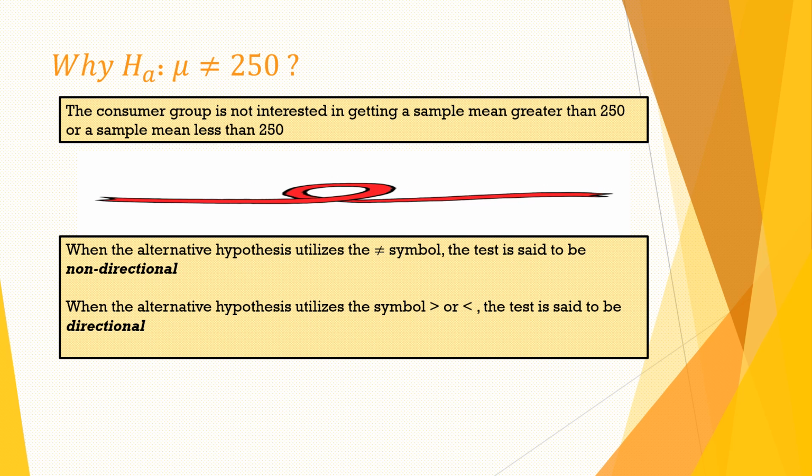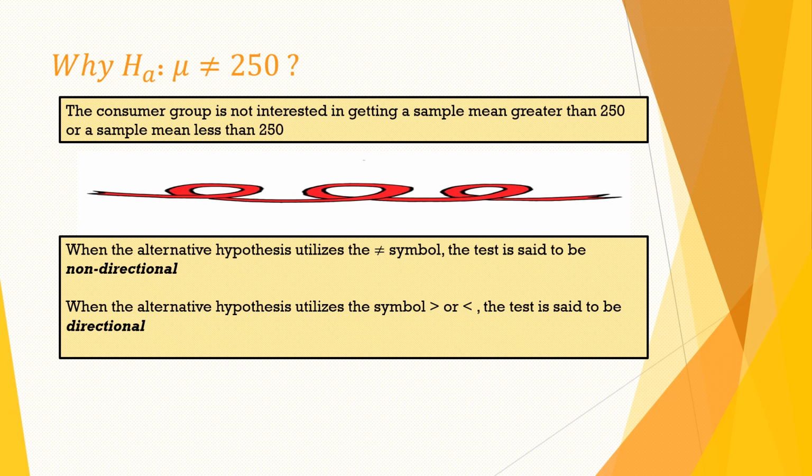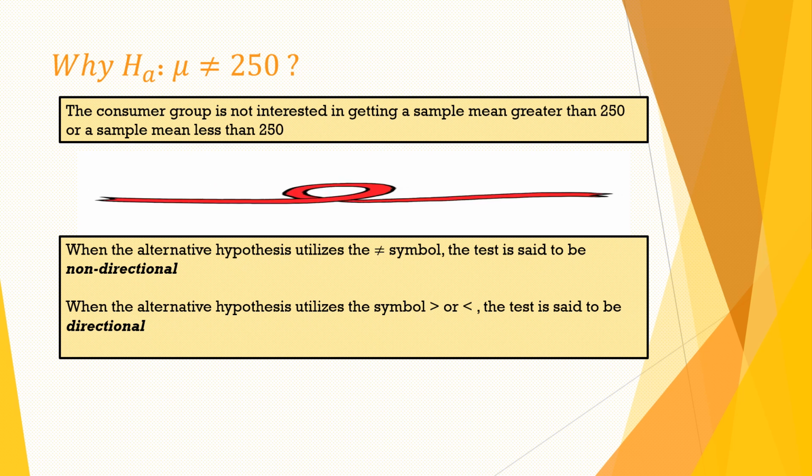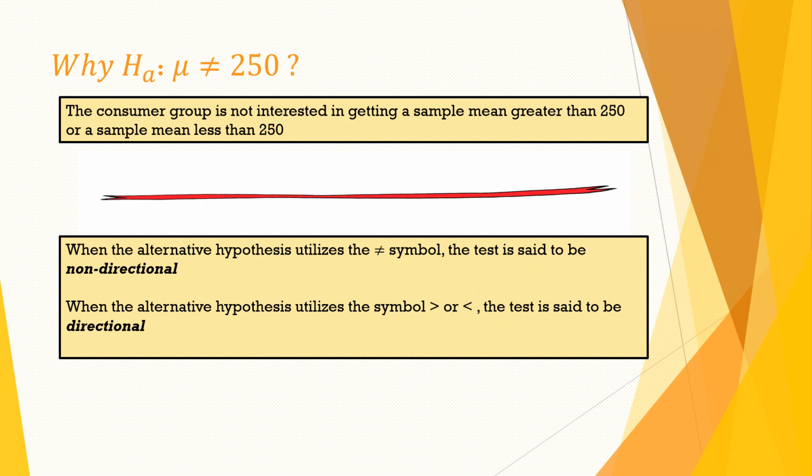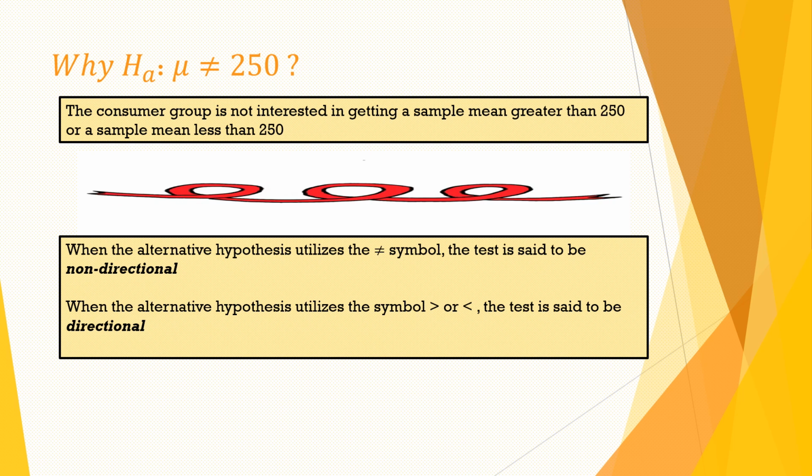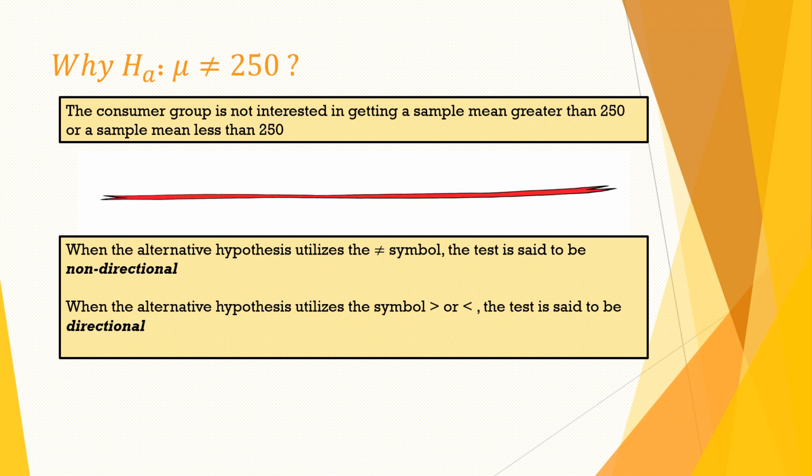Okay, sabi dyan, when the alternative hypothesis utilizes the symbol not equal, the test is to be non-directional. While when the alternative hypothesis utilizes the symbol greater than or less than, the test is said to be directional.